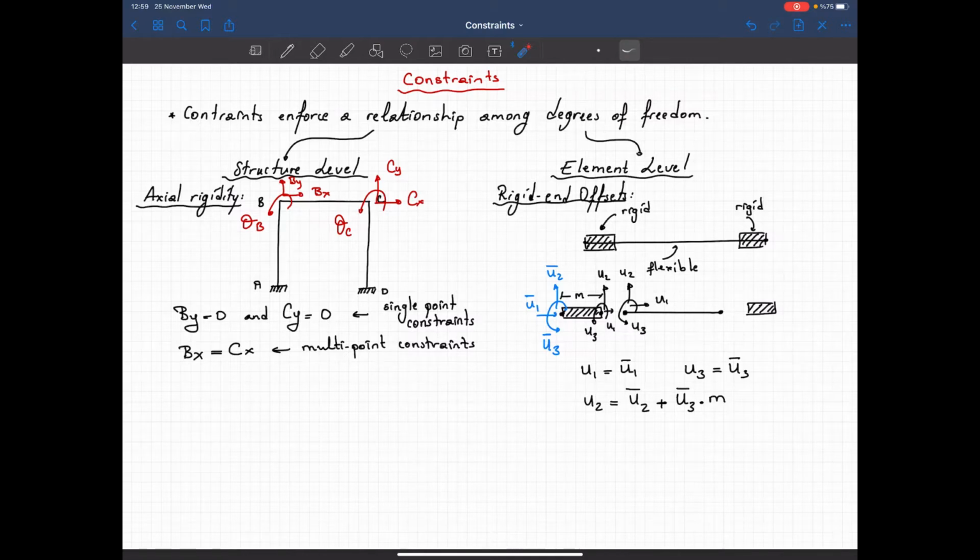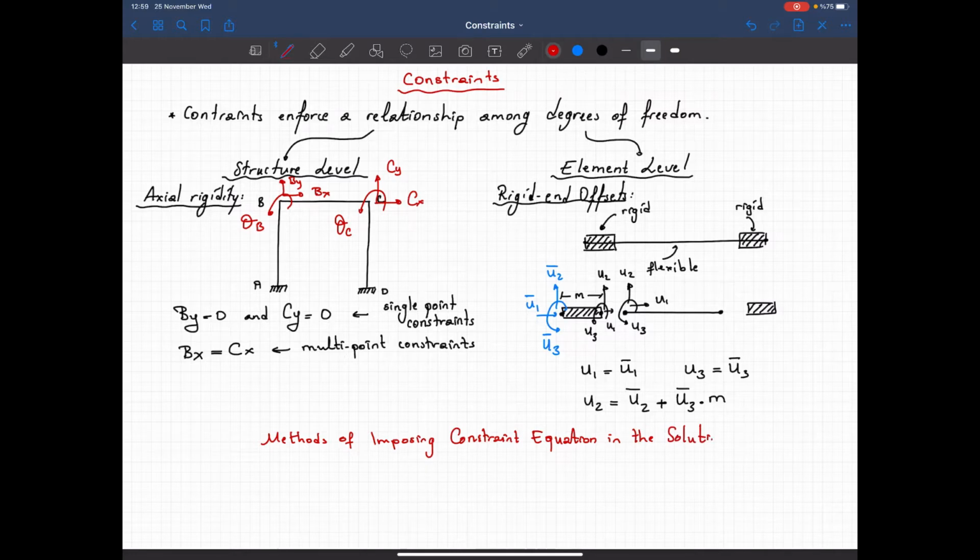But here, let's say that I have the following relationships, okay, between different degrees of freedom. How can I impose this condition in the solution? Okay, so there are actually three ways. So, methods of imposing constraint equations in the solution.